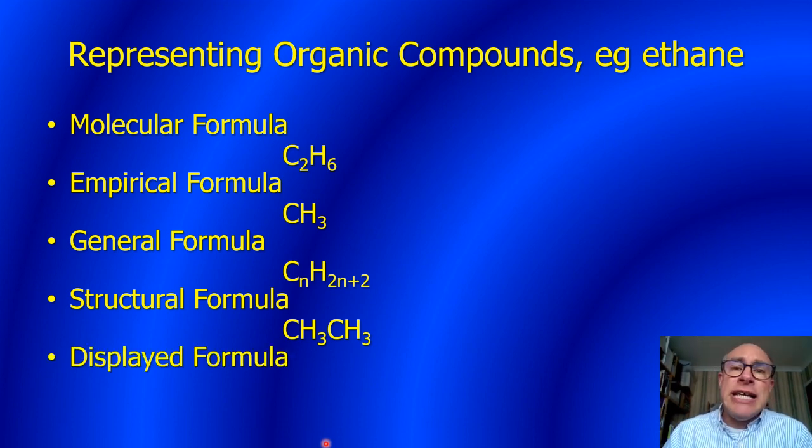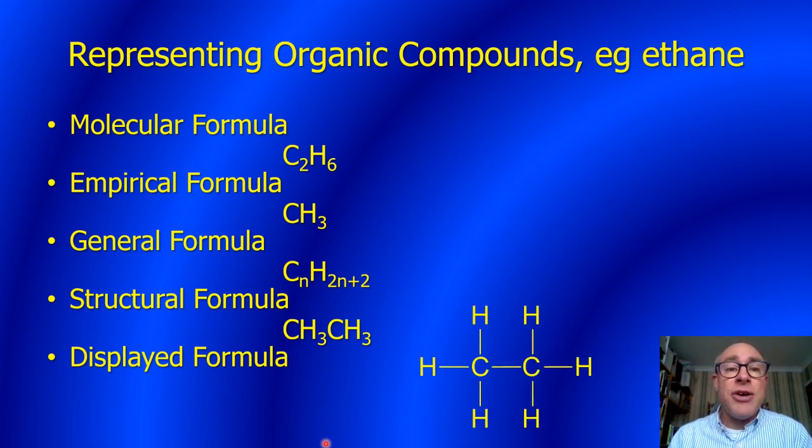And then finally, there is the displayed formula. This is a type of structural formula where every single bond is represented by a line, and this really helps us to visualize how the atoms are joined together. So again, in ethane, the displayed formula looks like this.